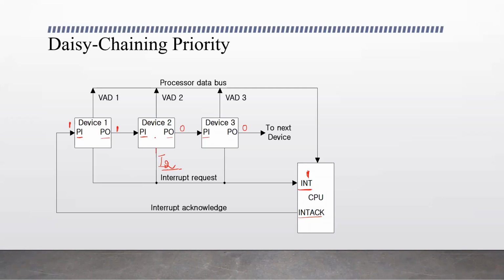For getting service from the CPU, the device has to place the address. This is a vectored interrupt, so in this case the device has to send the vector address to the CPU.